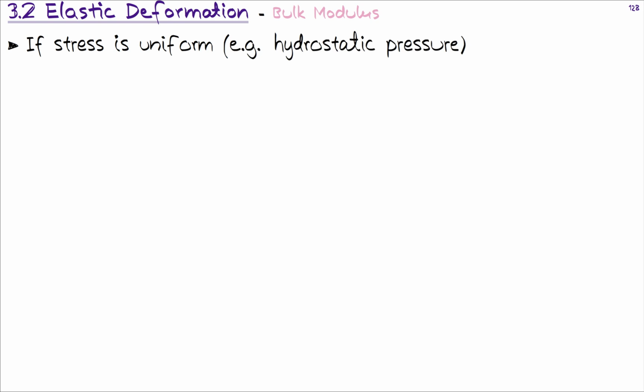Then yet another elastic constant, bulk modulus. In the case that the applied stress is uniform, so we mean now that all the sides of the solid are under the same kind of stress, for example, hydrostatic pressure is an example of this, then the volume V of the solid is being deformed.